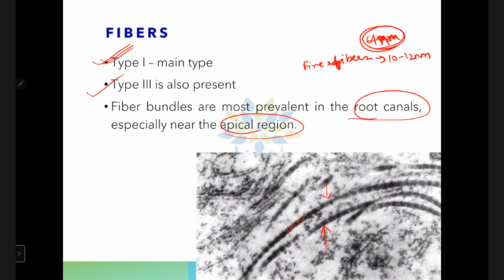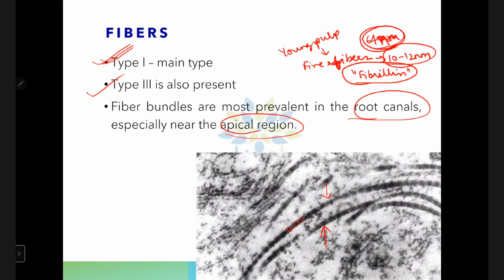These fine fibers are seen in the young pulp, not in the matured pulp. Remember this. These fine fibers are called fibrillin.